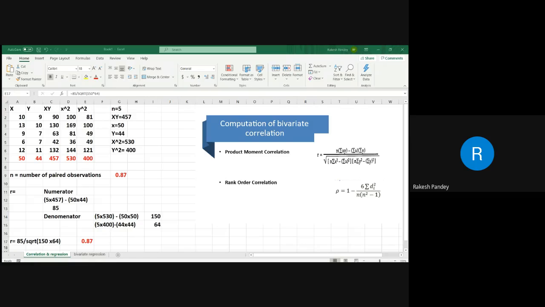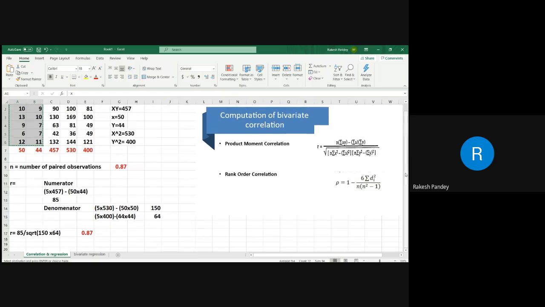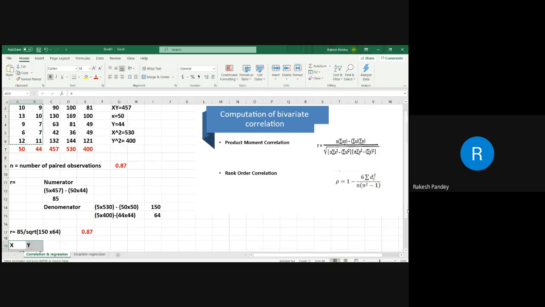So let us proceed to the next calculation, and it is very simple. I am just taking this score series alone and demonstrating this for rank order correlation.